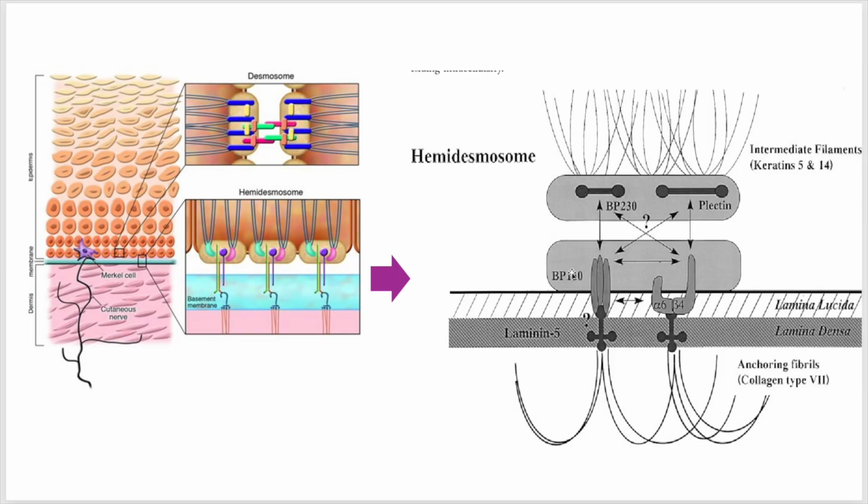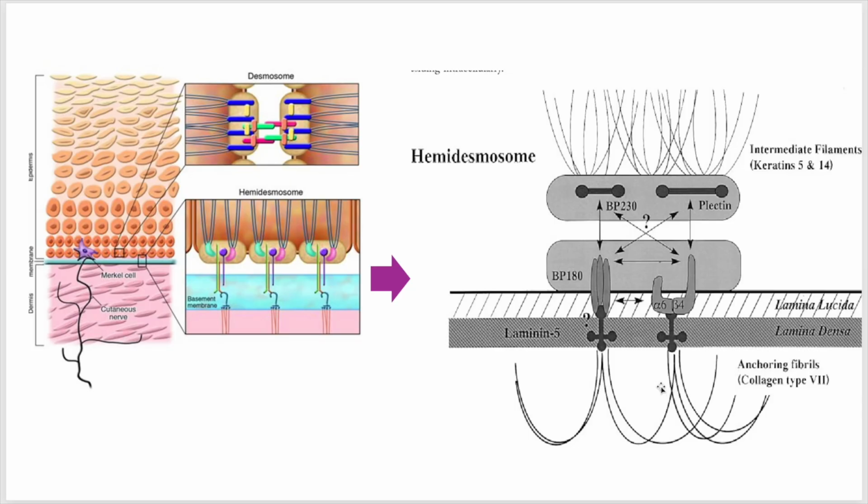And those proteins anchor to the transmembrane components, such as collagen 17 and alpha 6 beta 4 integrin, which then bind to laminin 332 and the lamina lucida and lamina densa layers of the basement membrane. And finally, those anchoring filaments secure the entire complex to the underlying dermis. Those are the structures of a hemidesmosome.